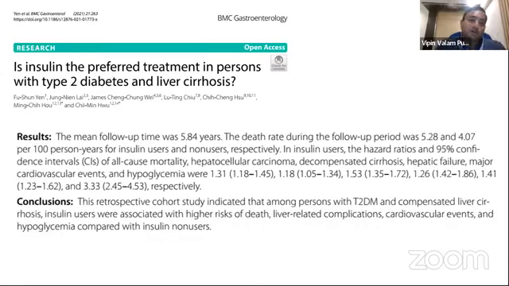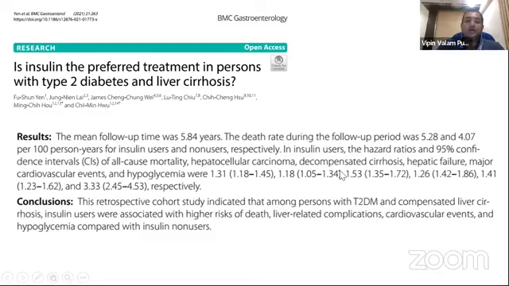But my question was, is insulin the preferred treatment in persons with type 2 diabetes mellitus and cirrhosis? You can have the latest article which was published in BMC Gastroenterology in 2021. If you see the comparison between insulin users and non-users, insulin users had increased risk of death, liver-related complications, cardiovascular events, and hypoglycemia as compared to non-insulin users.